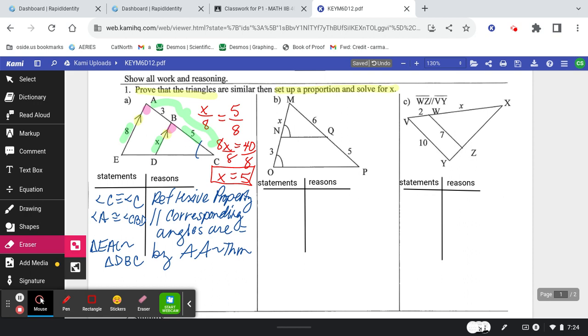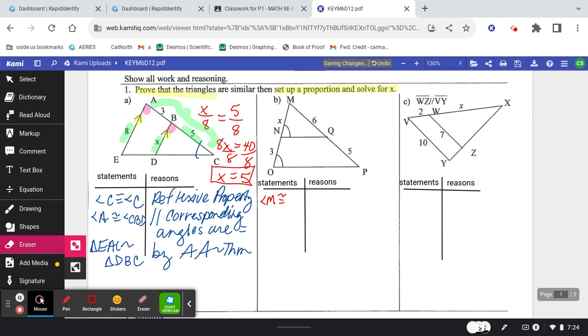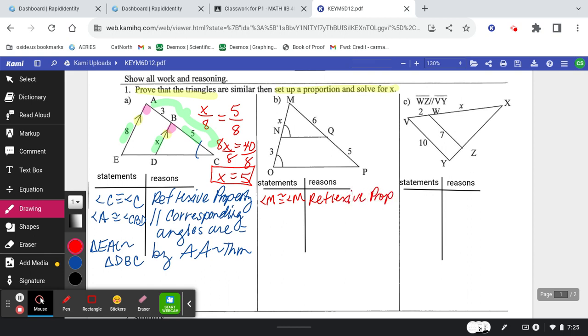All right, next one, let's go see if we have two angles, which is enough. It's our simplest one. And I notice that I have angle M congruent to itself, another reflexive property. And then I've also got these angles here that are just given.